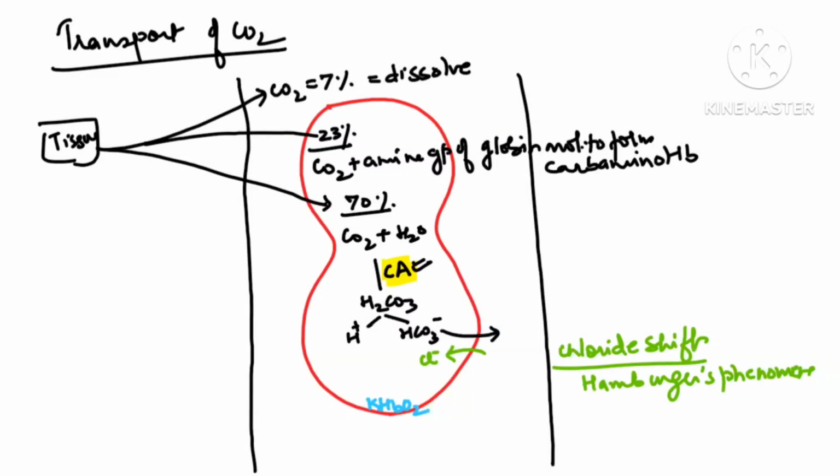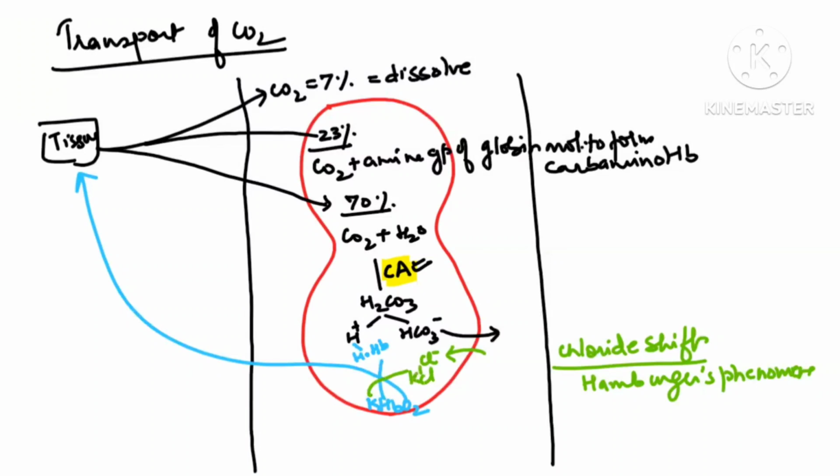Oxygen will separate from hemoglobin and be given to the tissue. Now please focus, hemoglobin will combine with the proton to form hemoglobinic acid, and K will combine with chloride to form KCl.